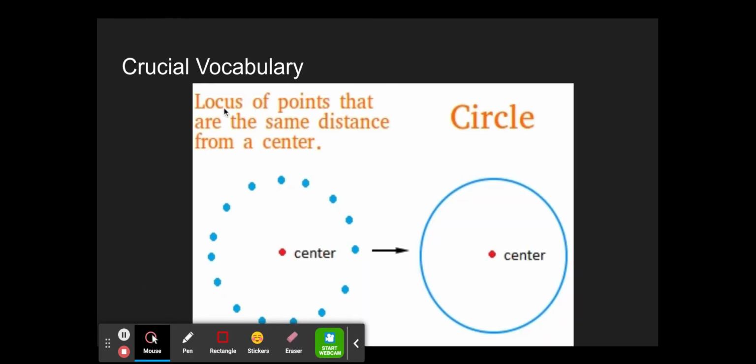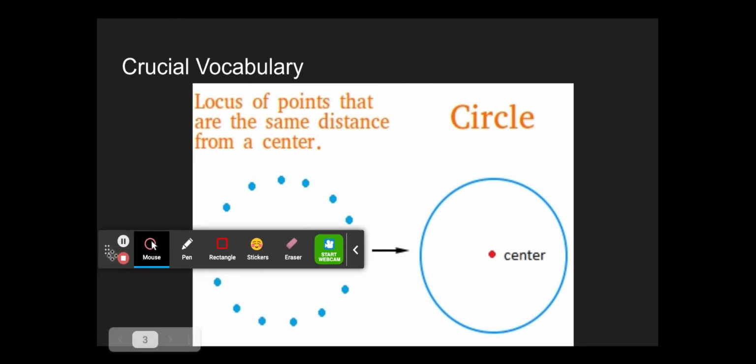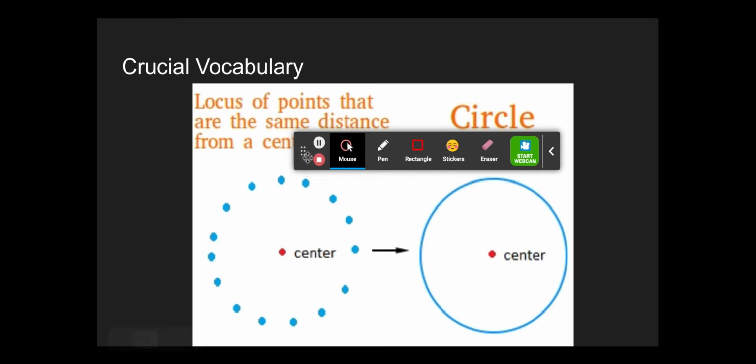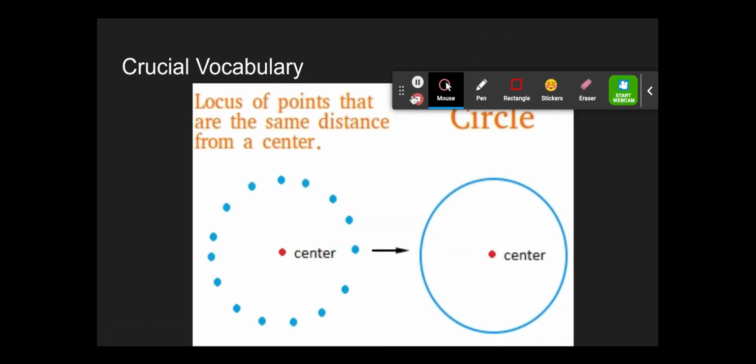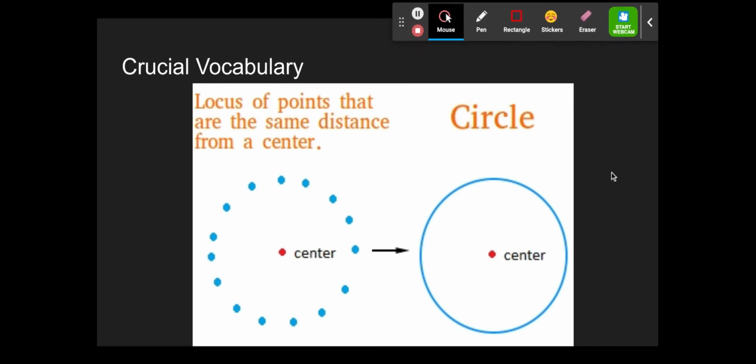The definition of a circle, right? A circle is a locus of points, meaning it's just a collection of infinite points.